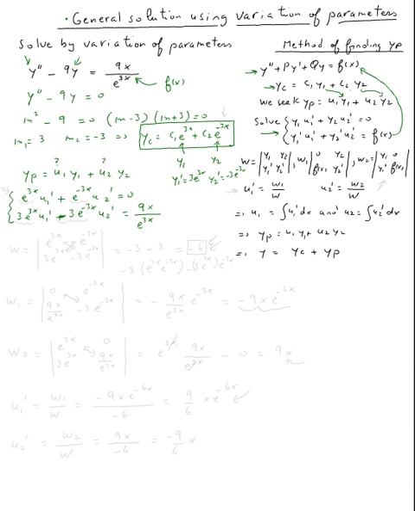Like I said before, previously we used the elimination method. You can use elimination here, it's not a big deal. Multiply this by negative 3 and then add, or let's use the determinant method this time.